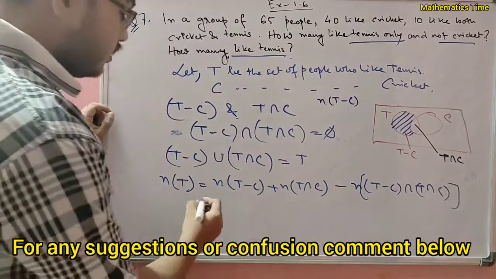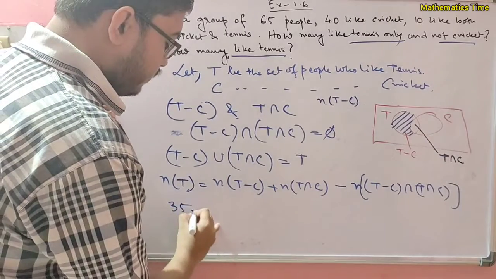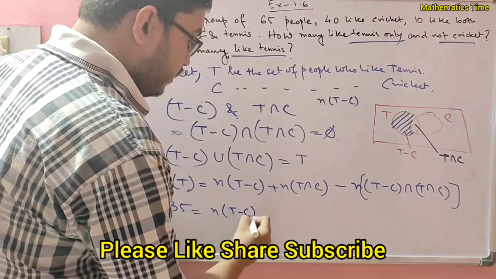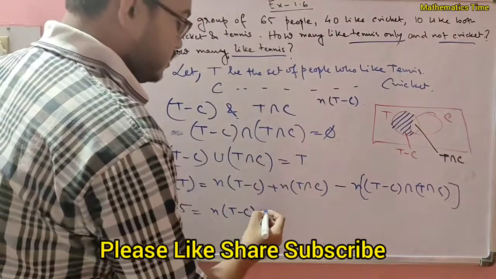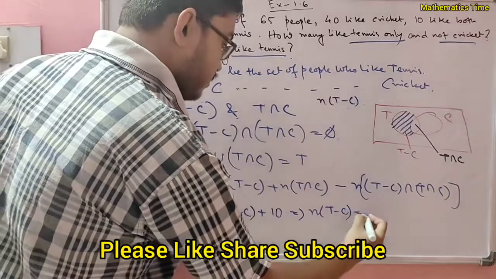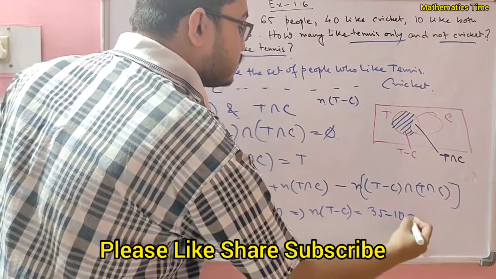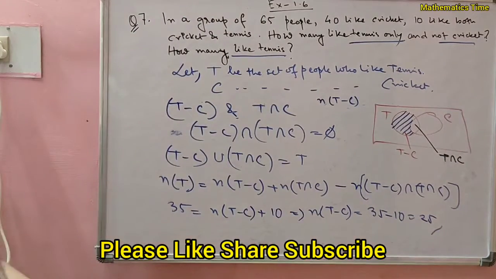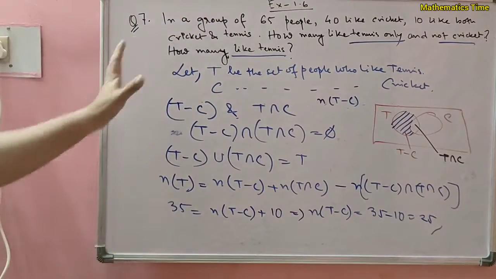So we have to calculate only this. n of T we got is 35, n of T minus C we have to calculate, and n of T intersection C is given as 10. So n of T minus C will be 35 minus 10, which is 25. This is another method you can use, without using a Venn diagram, to solve this problem.